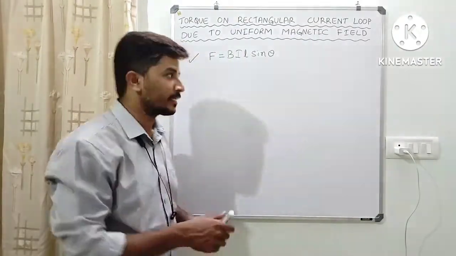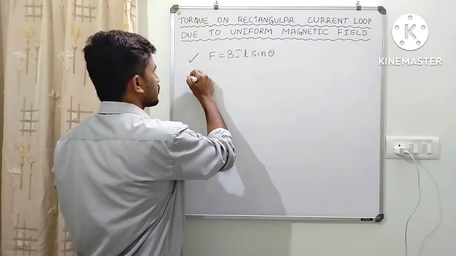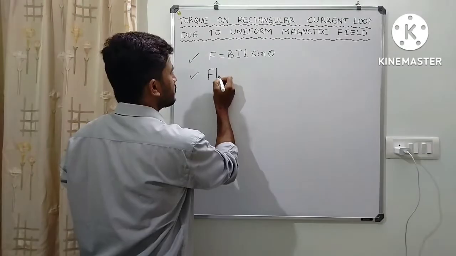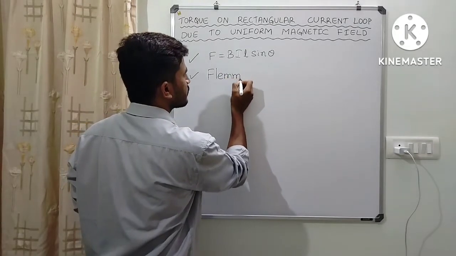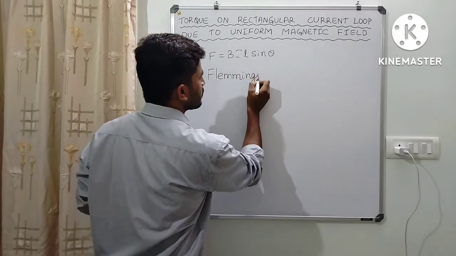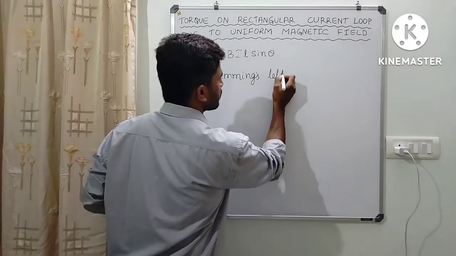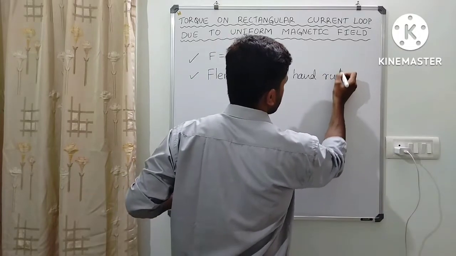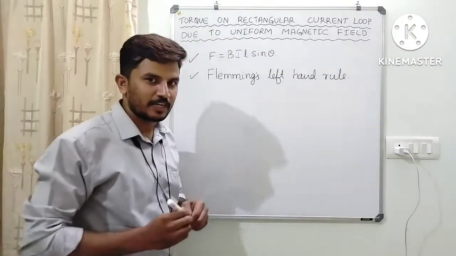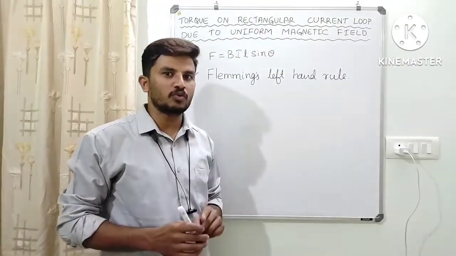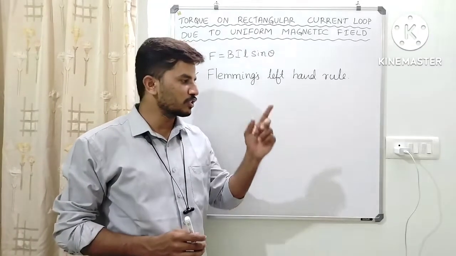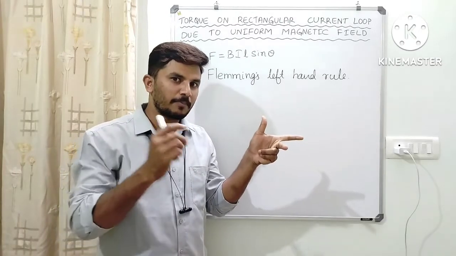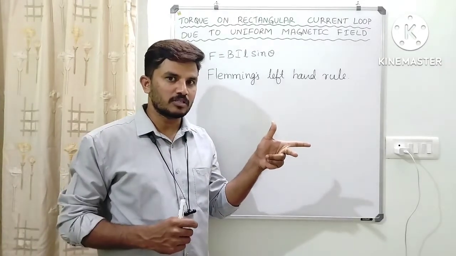Second, what is the direction of this force? That is given by Fleming's left hand rule. According to Fleming's left hand rule, you have to stretch three fingers in such a way that they are mutually perpendicular to each other.